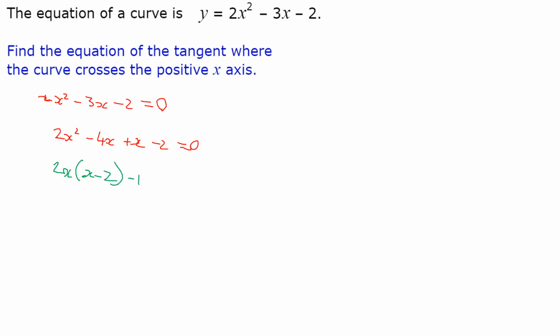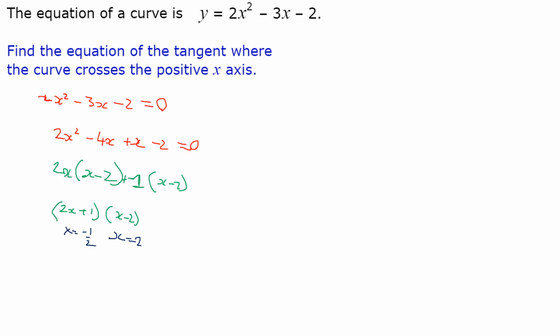And this will be plus 1 times x minus 2. And so what we're left with is 2x plus 1 and x minus 2. And so x equals negative a half and x equals 2.